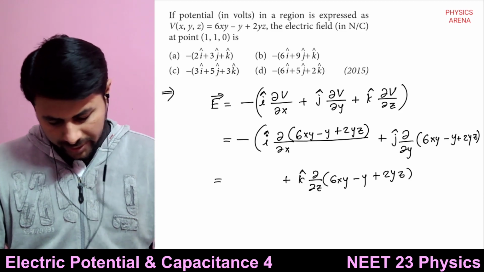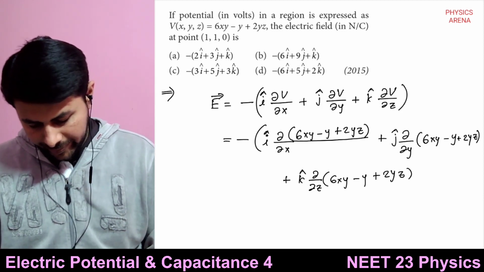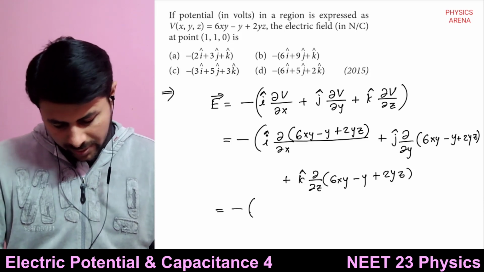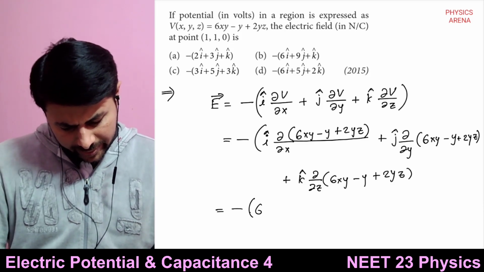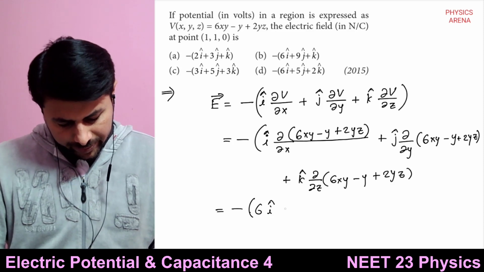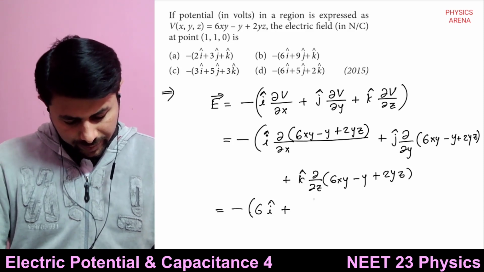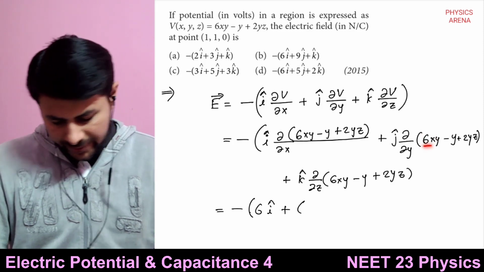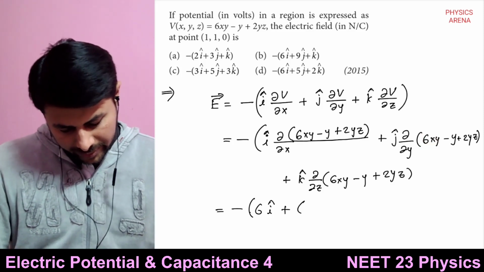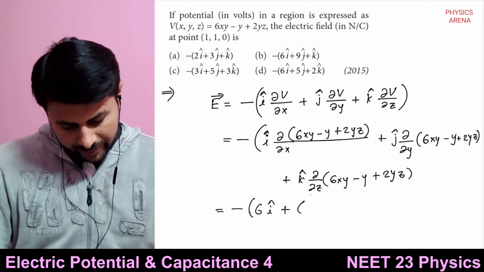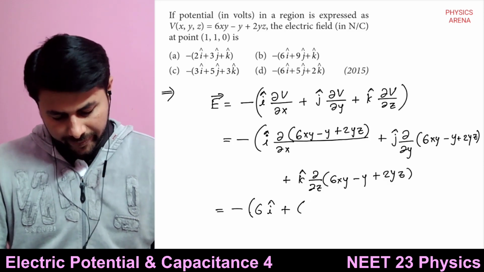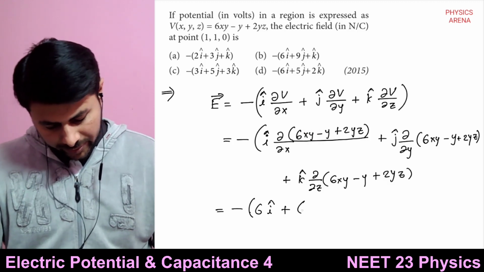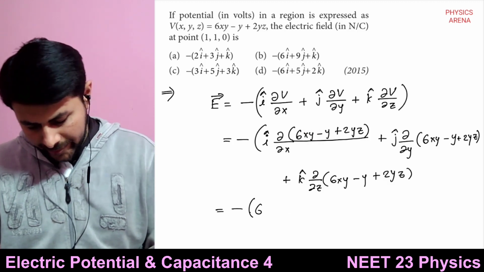So there is z in just the last term. So this is equal to minus 6y times i cap, because y is a constant.